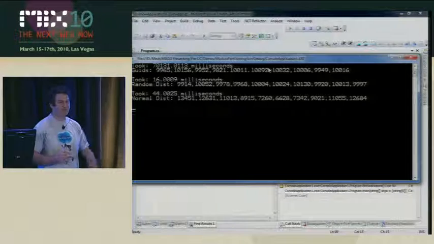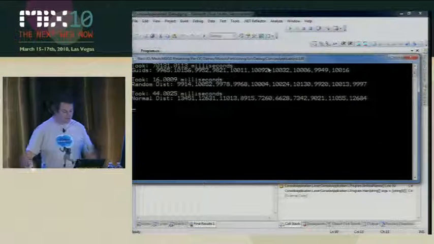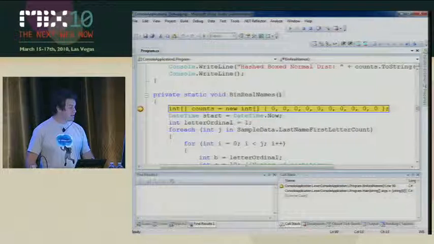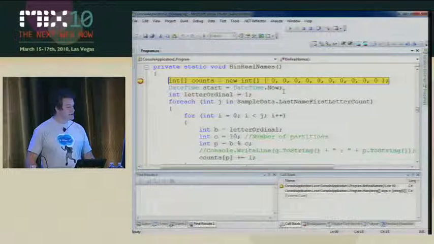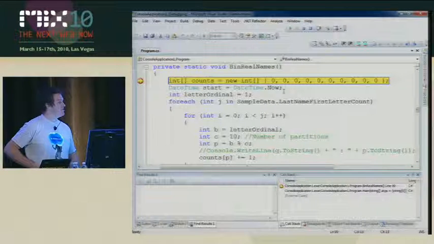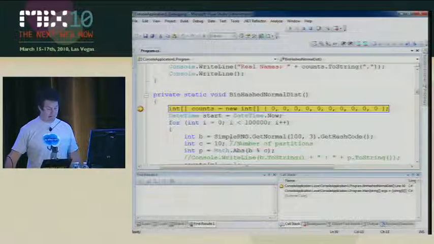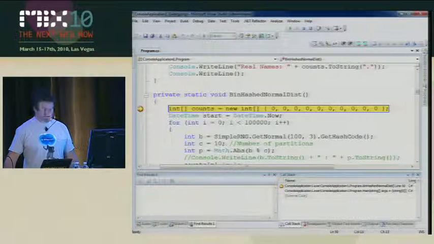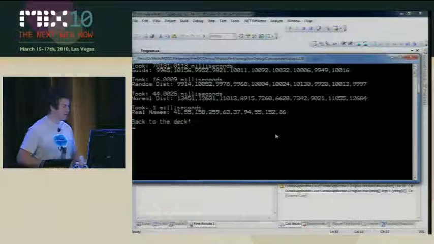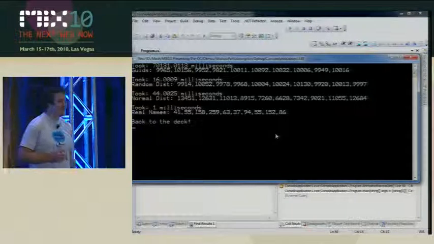It's kind of an inverse bell curve, but you get the idea. What if we take a list of the 1,000 most popular first names in the United States of America? Right? We get something that really is probably not an ideal partitioning mechanism.